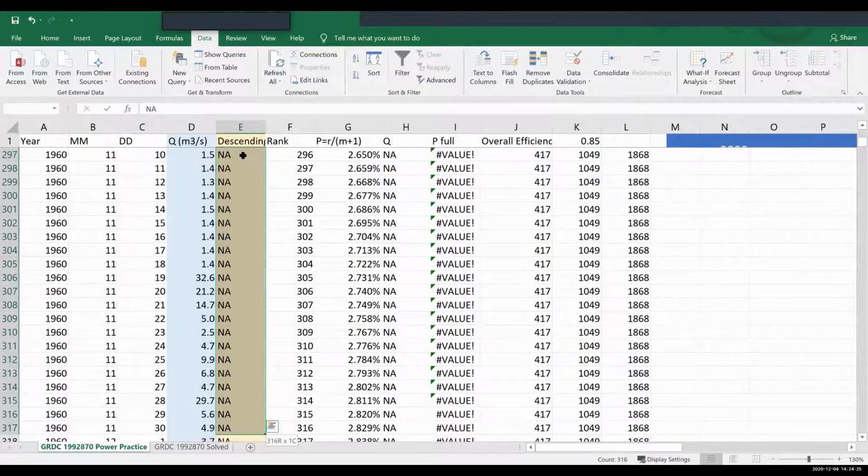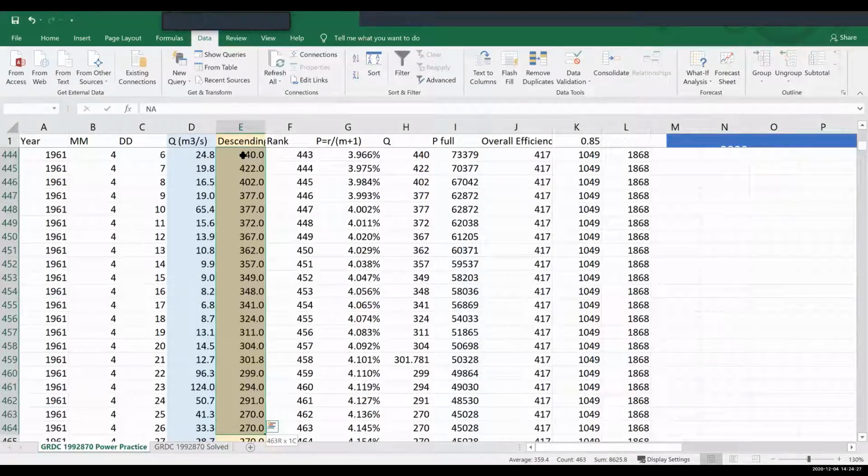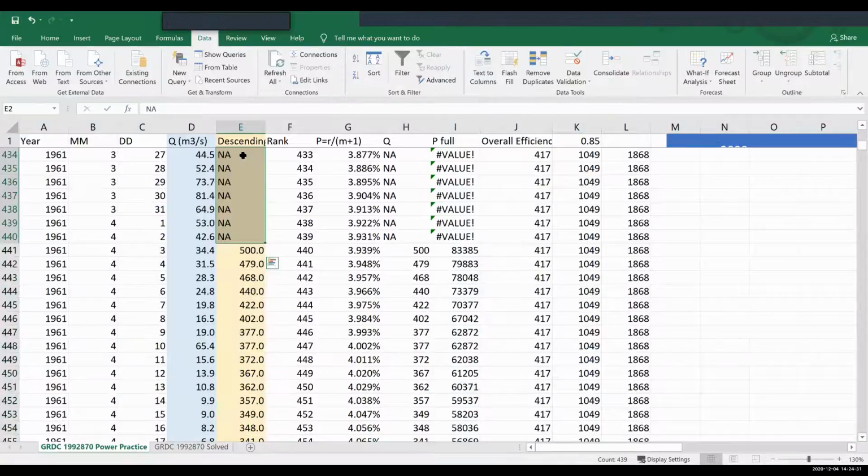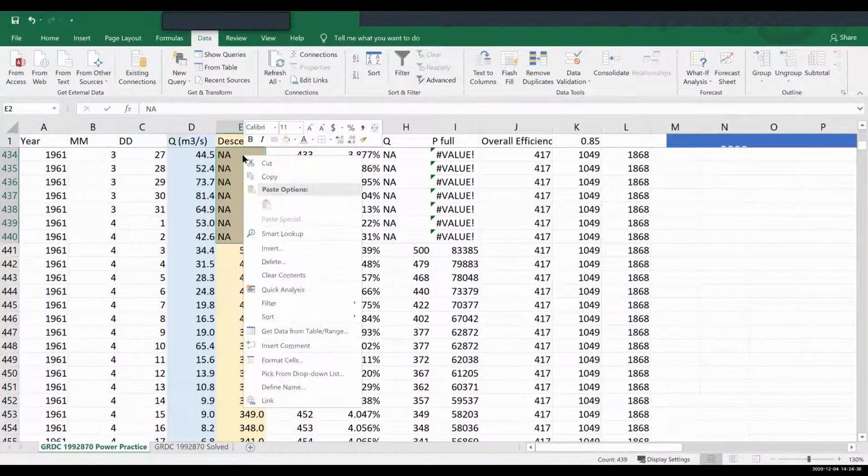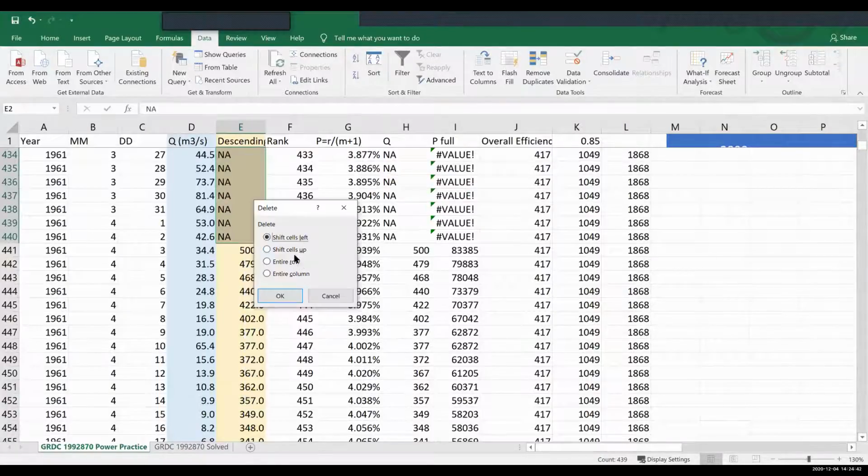But if there are many, then you have to make sure that you find a way to estimate this data, and there are different ways to estimate it. In my case, I just delete this data and shift all the cells up.